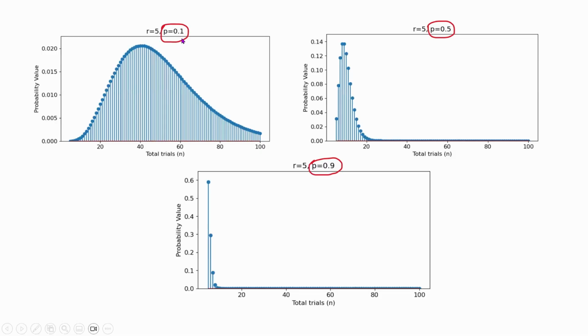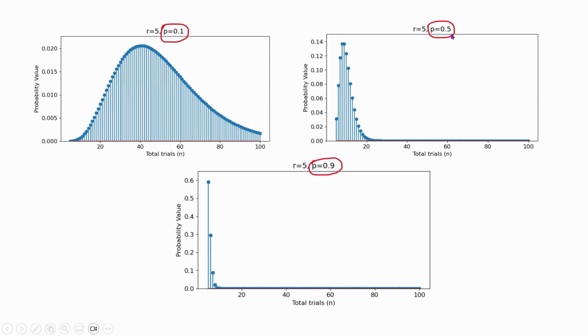Since the success probability is much lower, getting the 5 successes will take a lot of trials, right? That is why you can see that the peak here is somewhere at the 40th trial, and it's very variable. That means when the success probability is low, you may need different numbers of events to actually get those 5 successes.